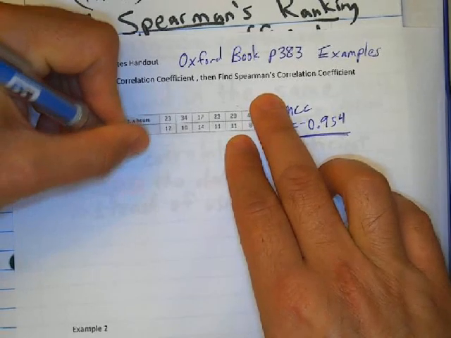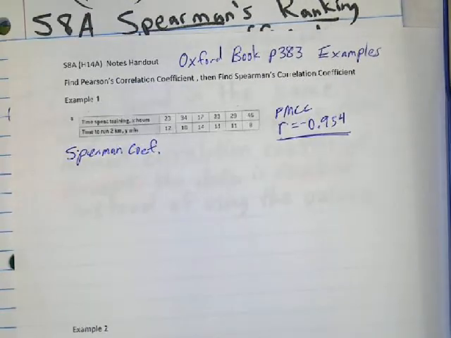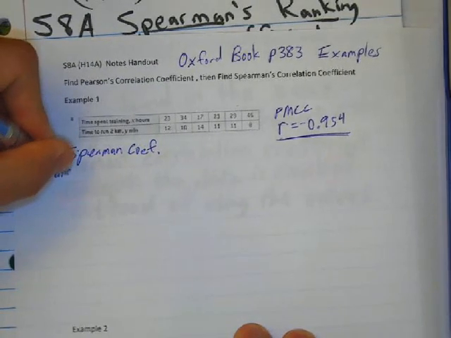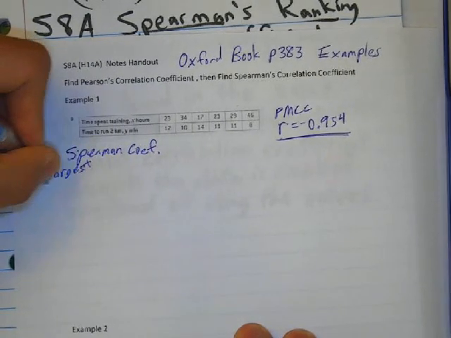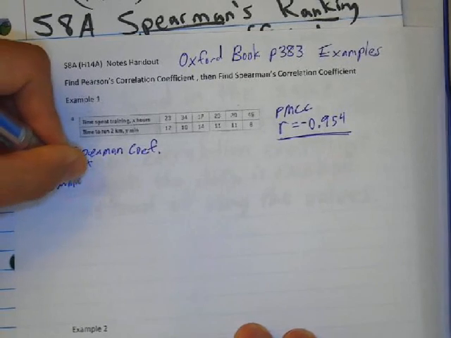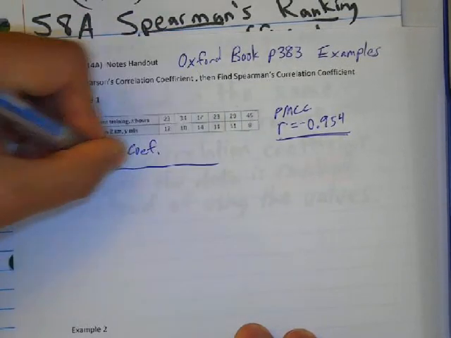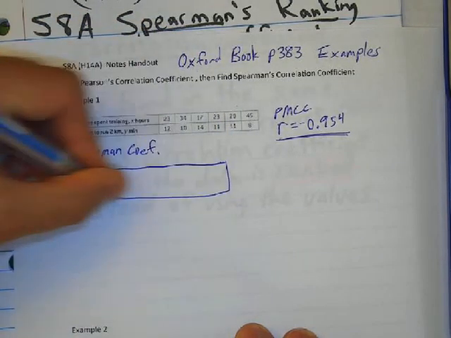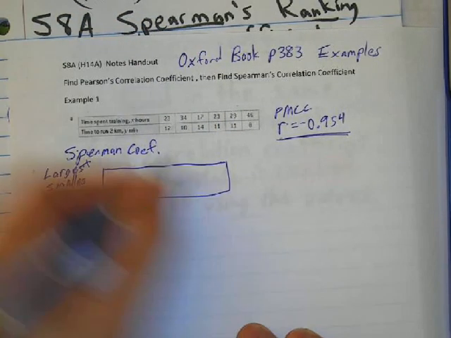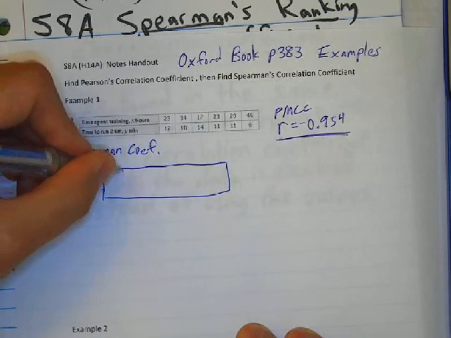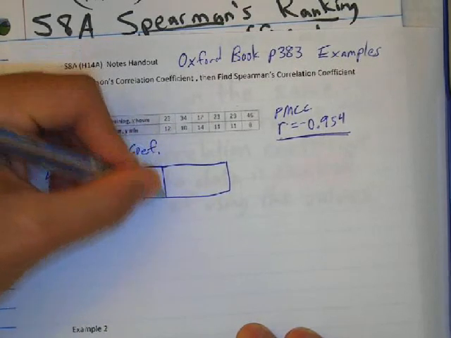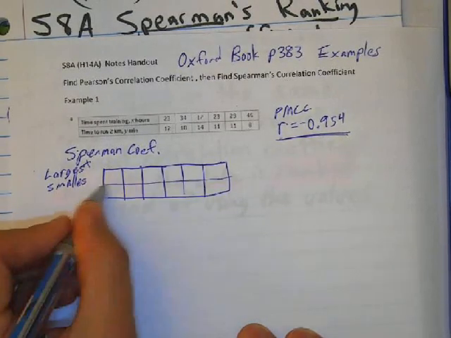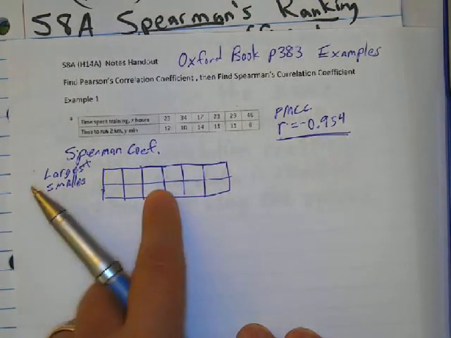Now, if I want to find the Spearman coefficient, we need to rank. I'm going to show it first going largest to smallest, and then I'll show you that it works the same way the other way. We've got 6 spaces here.